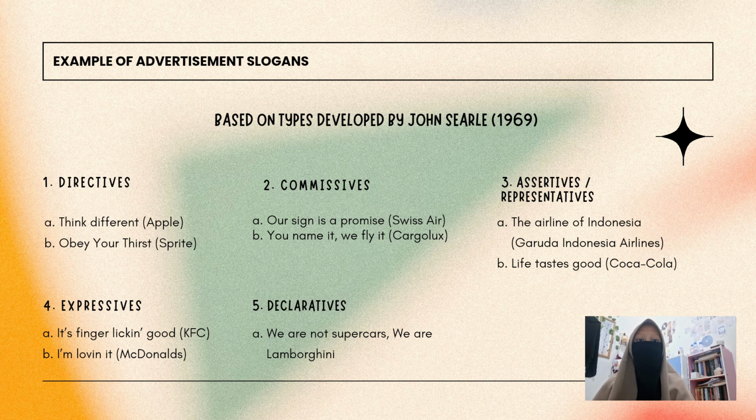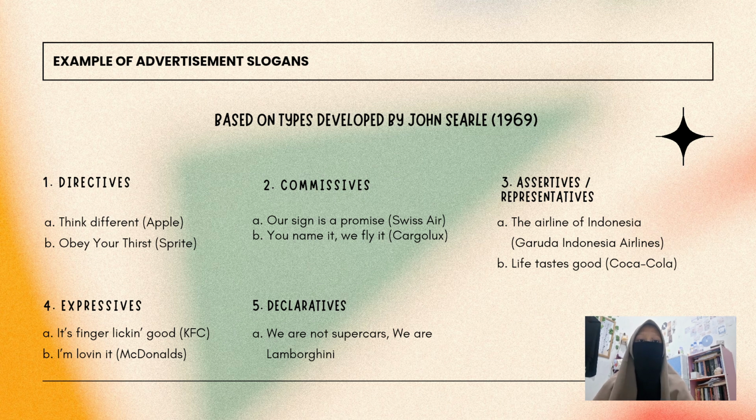So the first example is the slogan from Apple, which is "Think different." The slogan encourages or urges consumers to adopt a new mindset or behavior, specifically to think innovative and different. And the next is the example from the Sprite slogan, which is "Obey your thirst."